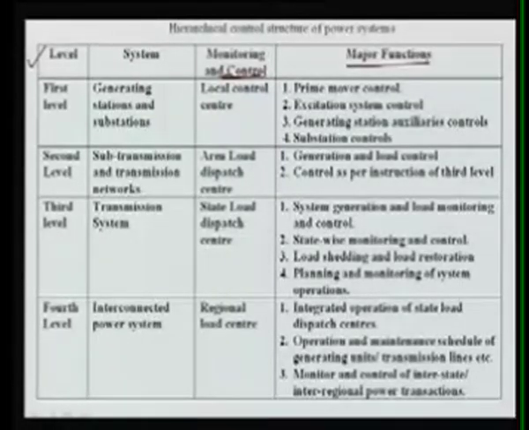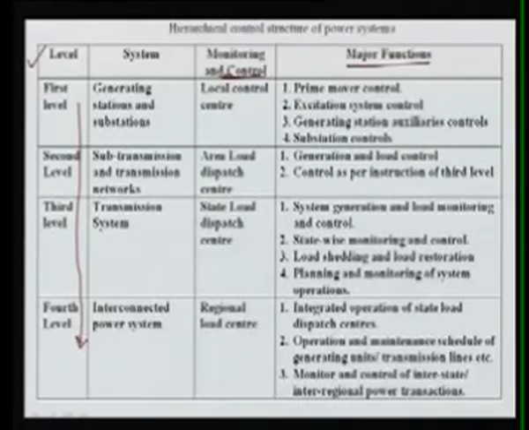This hierarchical control structure of the power system is known as the bottom to top control hierarchy, meaning the first level is your bottom point, and it keeps moving up to the fourth level, or higher levels.